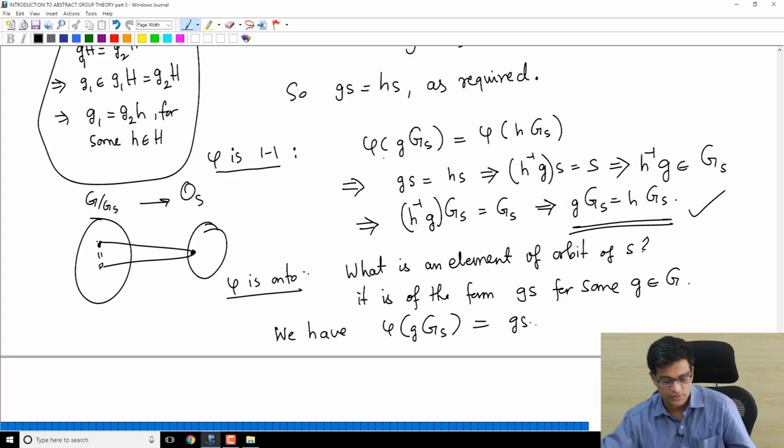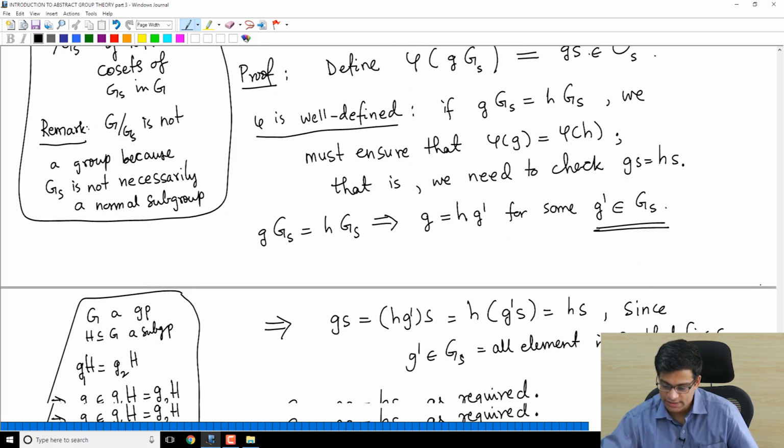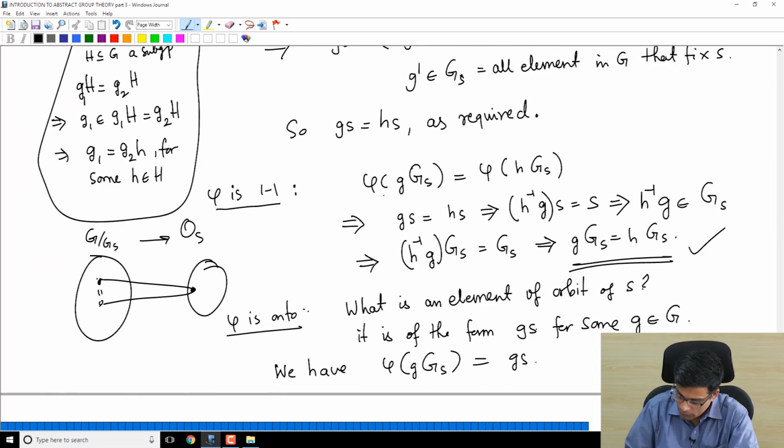So ontoness is very clear here, because elements of the orbit of S are by definition of the form gS. Now for the same g, gGS maps to gS. So phi is onto, and this completes the proof that phi is a bijective map.